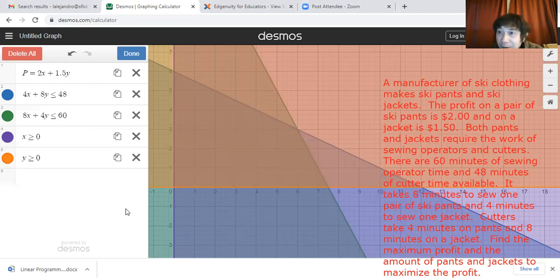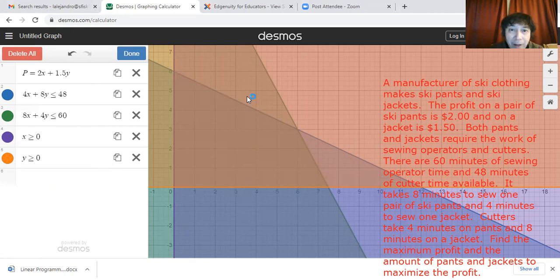This will be the graph of our constraints, and you can see the graph here. Now, the way to solve for the required maximum value, or maximum profit, we will be using the corner points of our feasible region.